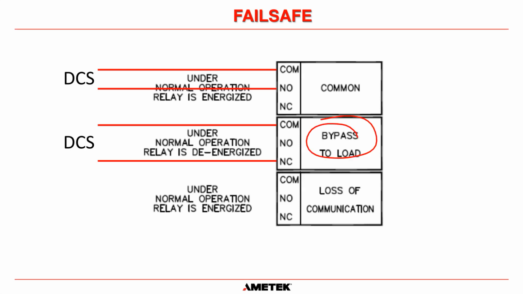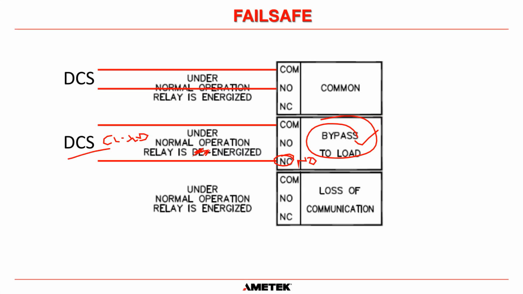And for the bypass to load, it's the opposite. So under normal operation, the relay is de-energized once again. So under normal operation, we want a closed signal going to the DCS. Okay. And then if we have a bypass to load alarm, the relay is going to energize. So it's going to change state, and that's going to change from normally closed. That is now going to go normally open.